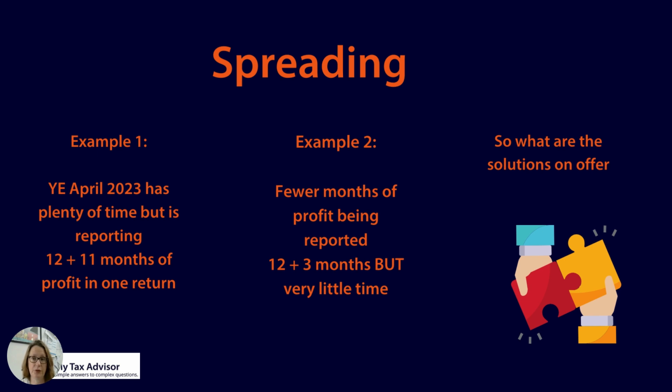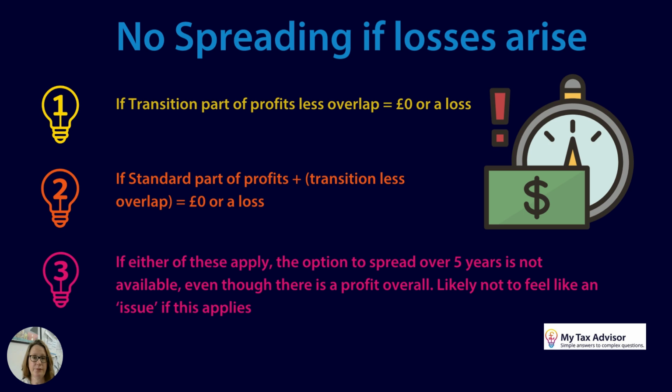A few things to talk about with spreading. If you have losses, if the transition part of your profits, once you've taken out your overlap relief, actually takes you to a zero or a loss figure, spreading is not available. If the main part of your profits, in other words, your standard year, and then you add your transition less your overlap, takes you to a loss figure, spreading is also not allowable in this scenario.